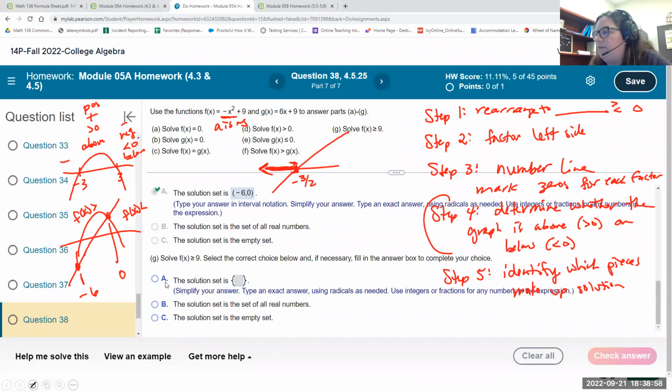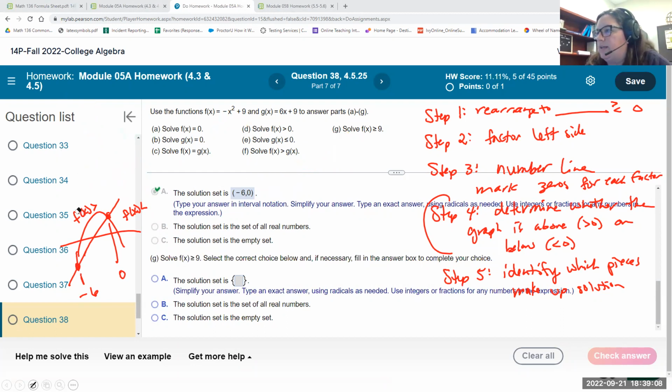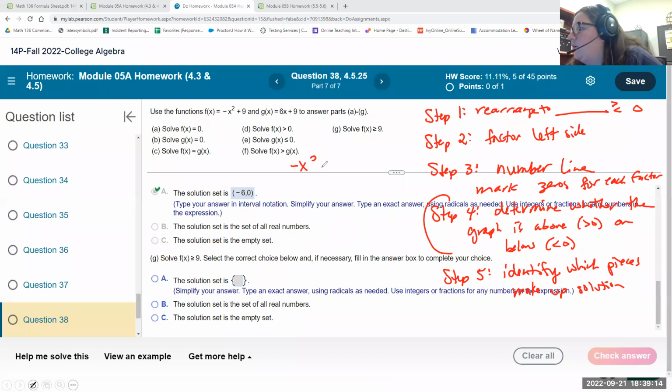Then it asks where f of x is greater than or equal to 9. My previous calculations aren't going to be helpful, so I'm going to start over, just setting f of x: -x² plus 9 is greater than or equal to 9. That's what I'm solving. I want to get 0 on one side, so subtract 9 from both sides.